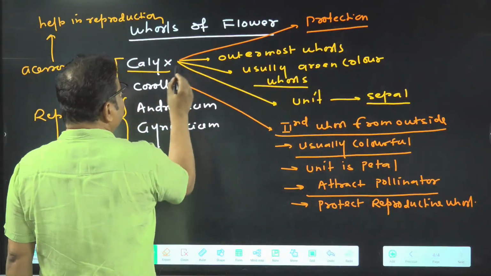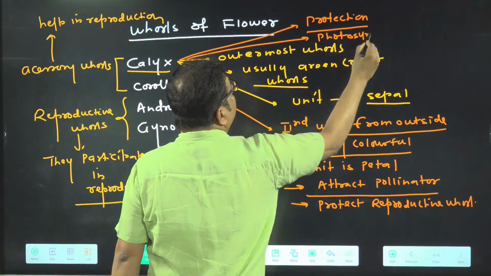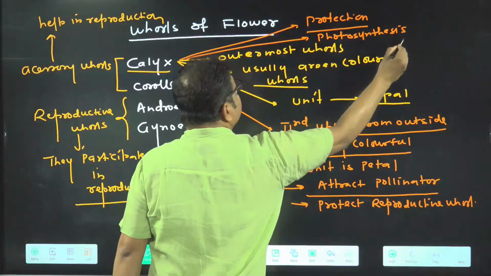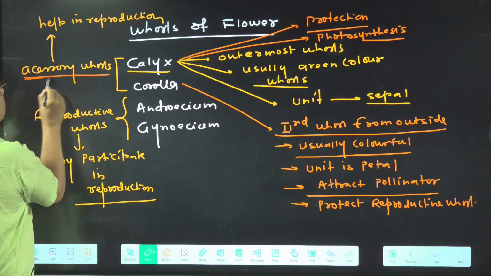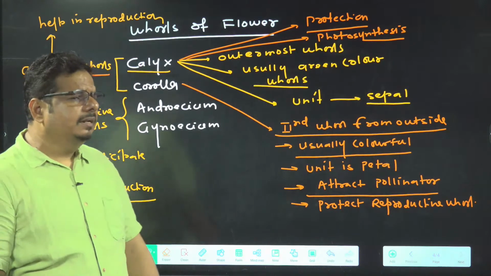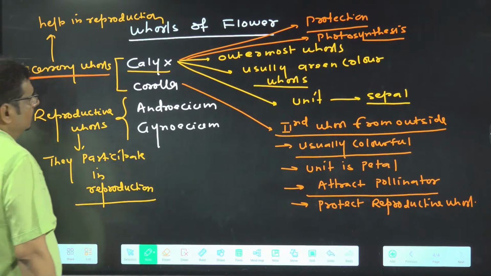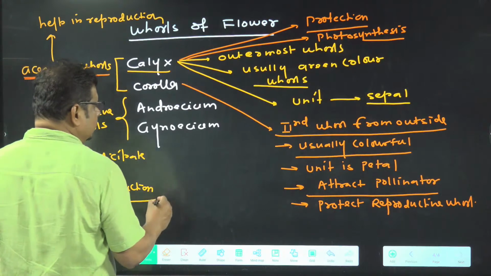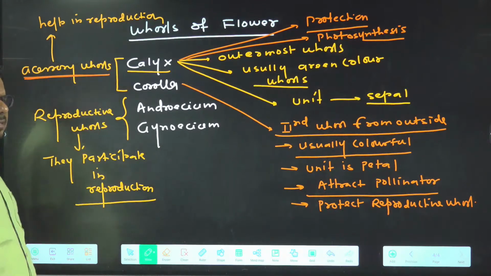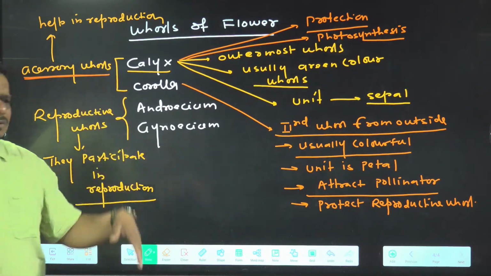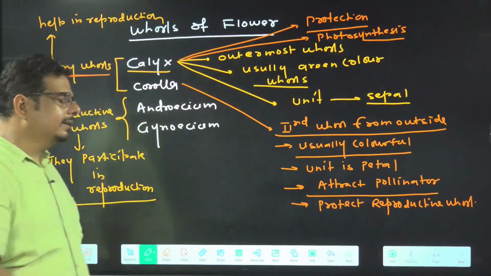And calyx, being green, may perform photosynthesis. So this is about the first whorl, this is about the second whorl. They are not involved in reproduction, they just help in reproduction, and they are basically accessory whorls. Getting the idea? If we talk about reproductive whorls, such as androecium, space is not there, so I will write it on a different page. We will talk later about gamopetalous and polypetalous. Don't worry, wait for that. So have a look.